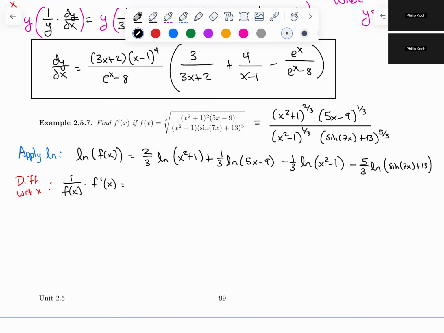And so instead of having to do several chain rules with the quotient rule and product rules and all that jazz, all I'm doing is just taking the derivative of natural logs.